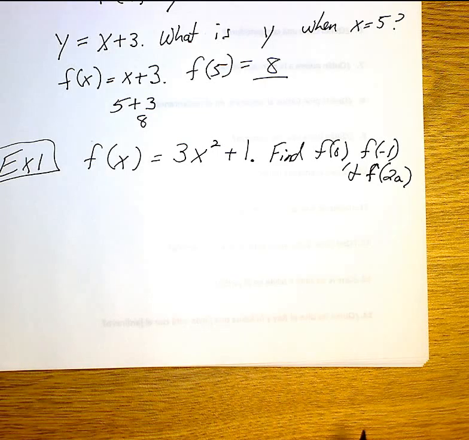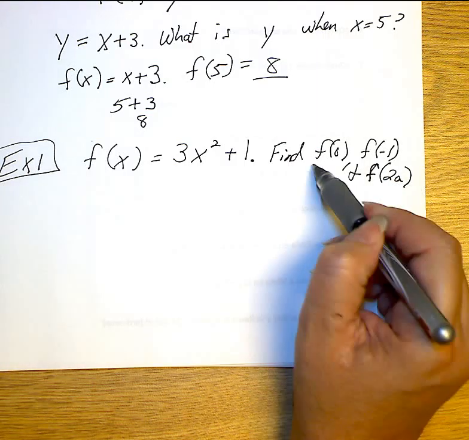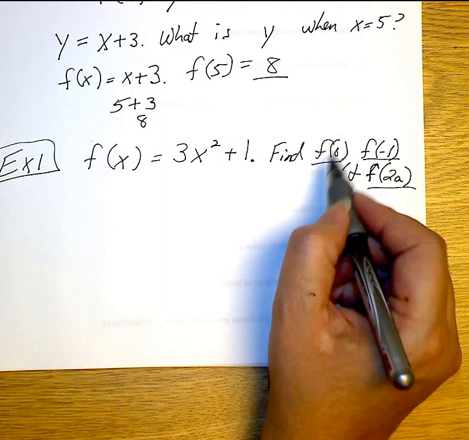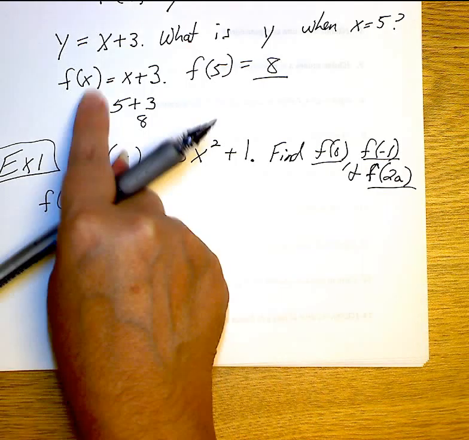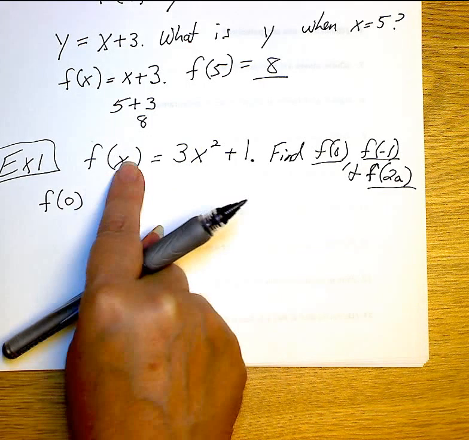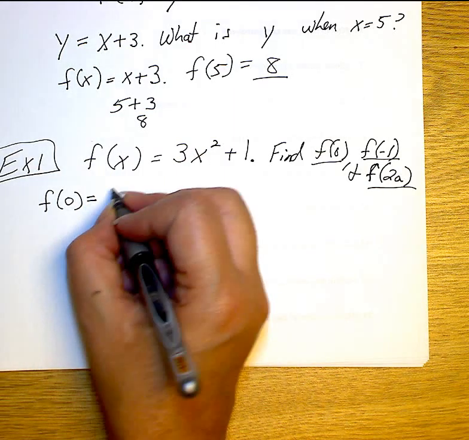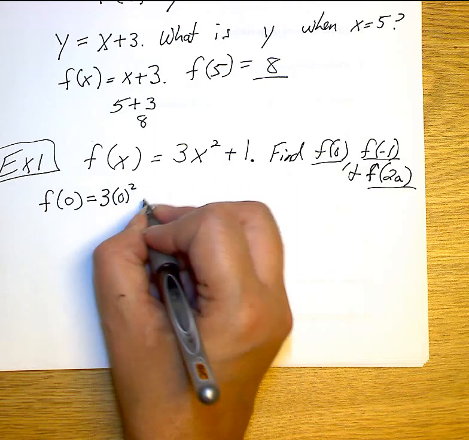Okay, 2a, that's what we're going to be plugging in. So these are 3 different problems. The first thing is you take f of 0. This says to plug in 0 for your x's. So instead of x, it'll be 3 times 0 squared plus 1.